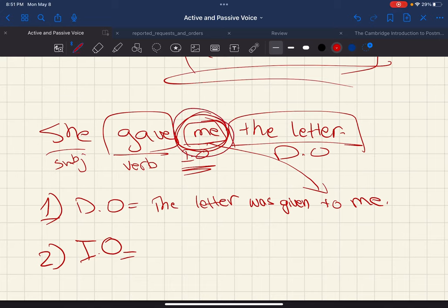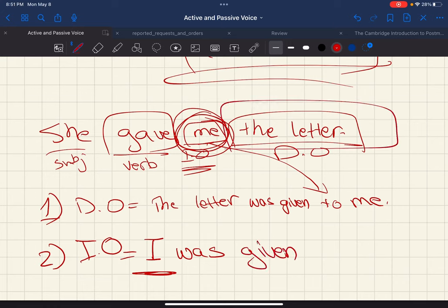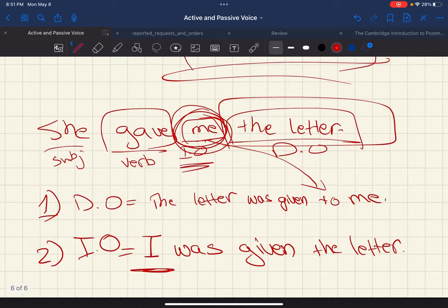Therefore, me is the equivalent of what? I. So this changes back to I, to its subject state, since it comes in the very beginning. So what do we have next? I was given. See, the direct object remains the letter. This is all that there is to it.